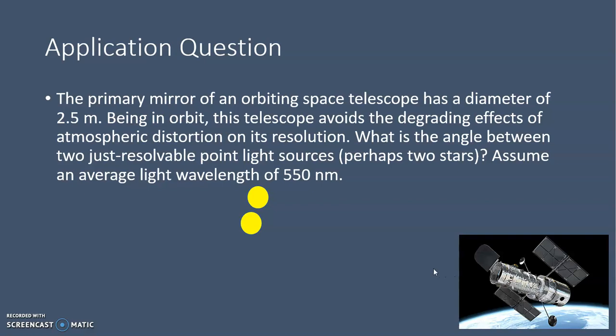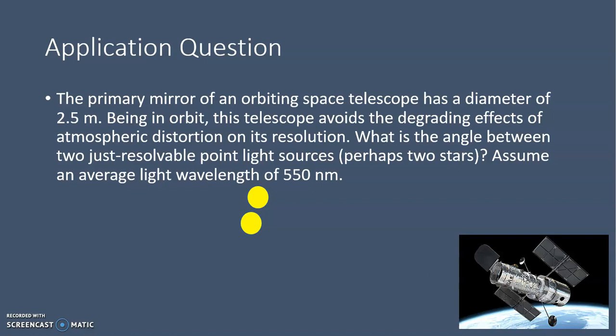So I'll read the question. The primary mirror of an orbiting space telescope has a diameter of 2.5 meters. Being in orbit, this telescope avoids the degrading effects of atmospheric distortion on its resolution. What is the angle between two resolvable point light sources, perhaps two stars? Assume an average light wavelength of 550 nanometers.